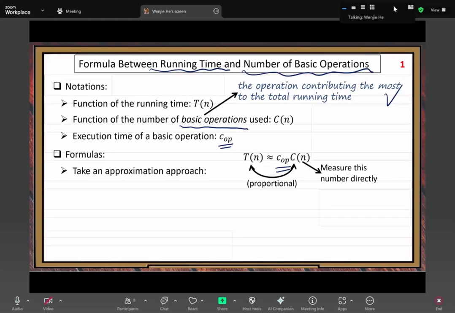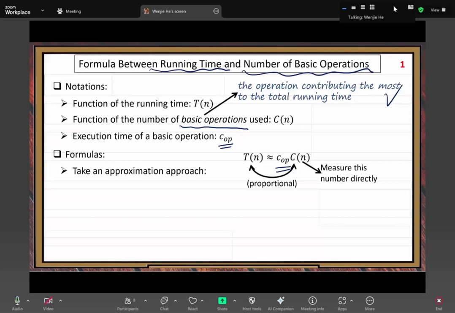And we know that we can handle the C function easier than the T function. Why? Because we don't need to write a program.